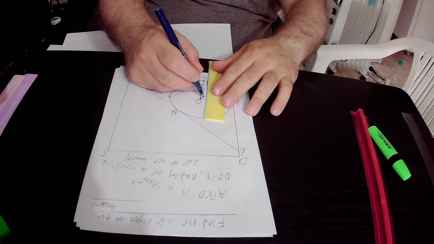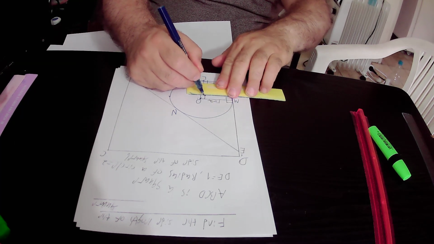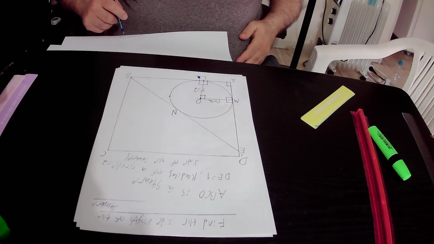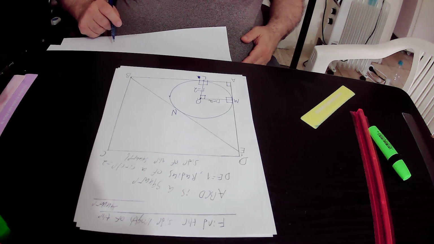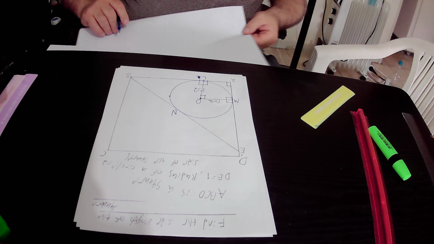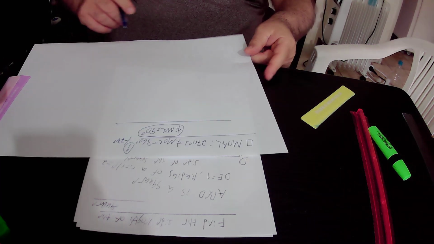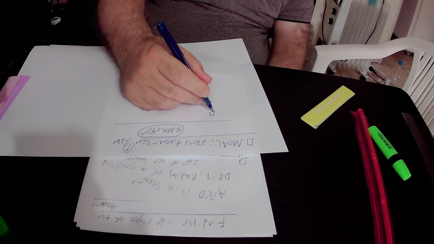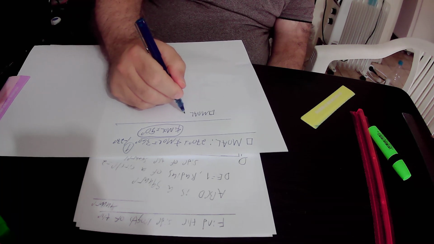And this angle is a right angle. So we found that all the angles inside quadrilateral MOAN are right angles, and any quadrilateral that has 4 right angles must be at least a rectangle. So we will treat quadrilateral MOAN as a rectangle.